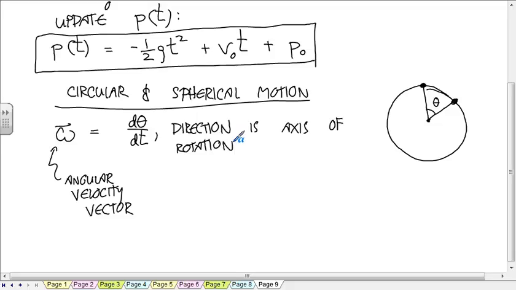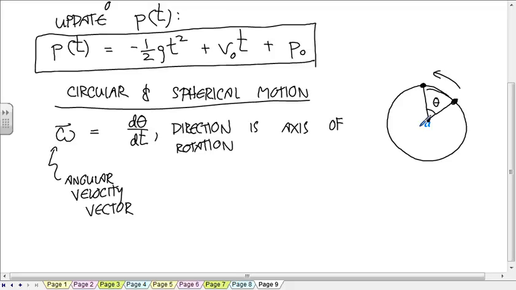Okay, so if this object is moving this way around this circle, then we know that the direction of its angular velocity is either coming out of the page or into the page, right? Either of those are an axis of that rotation.